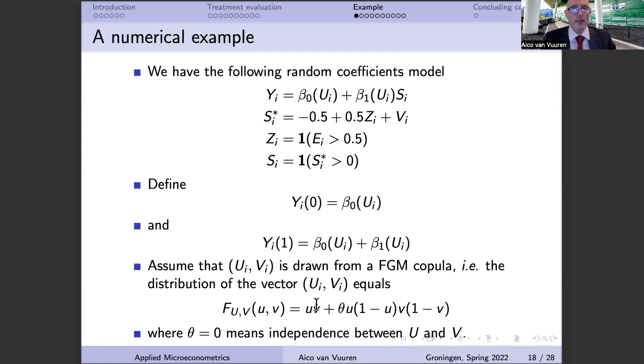A special thing with respect to this FGM copula is that when theta is equal to 0, then we have independence. That's immediately clear because this whole term drops out completely, and then what we have is just u times v, which is nothing else than the distribution function of two uniformly distributed random variables that are independent from each other.